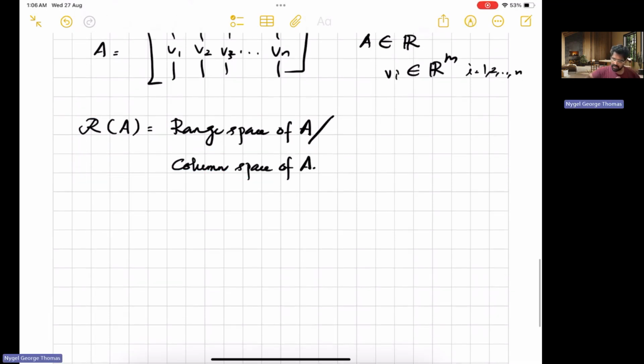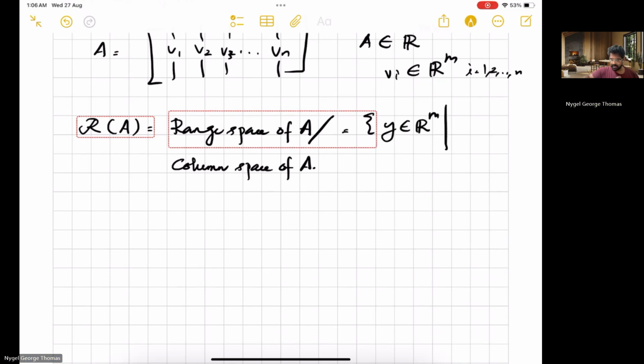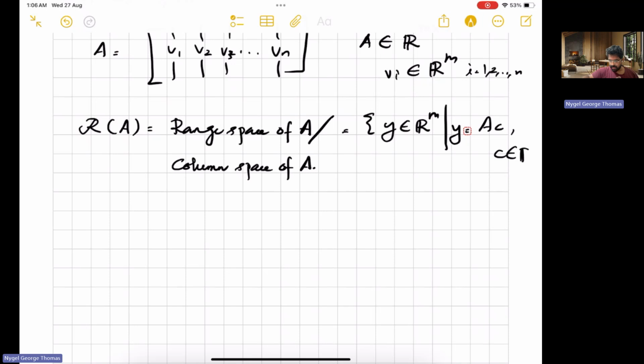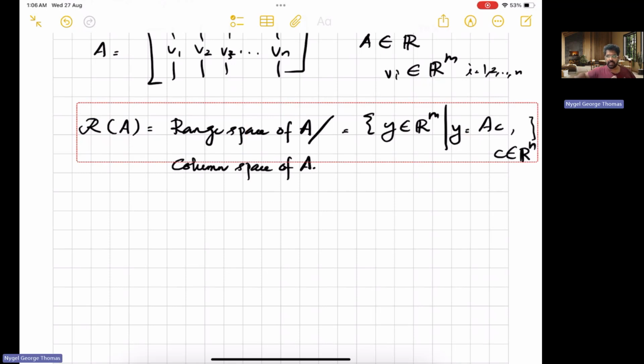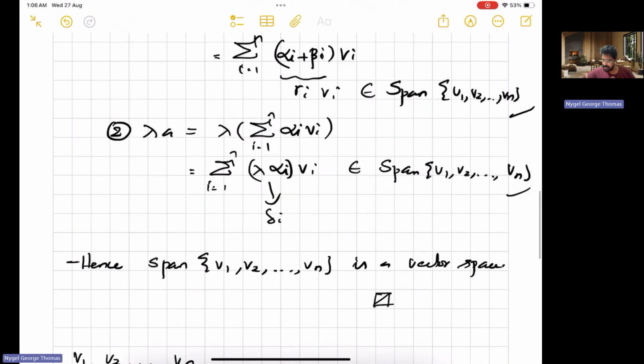How do you define this space? It's actually the set of all y's belonging to Rm such that y is equal to A into C, as C belongs to R. I reckon this is another way of saying what we have seen here.